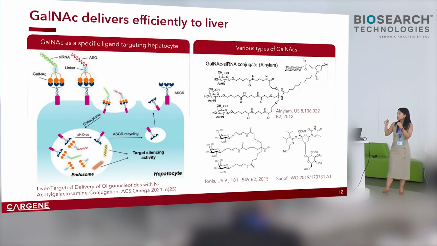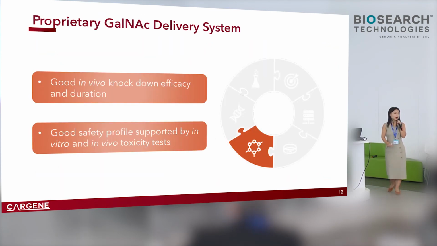For example, Sanofi also has one, and LGC has showcased theirs. And we also developed our own proprietary GalNAc here. Our GalNAc delivery system has already shown very good in vivo knockdown efficacy and duration. And the safety profile has also been supported in vitro and in vivo.